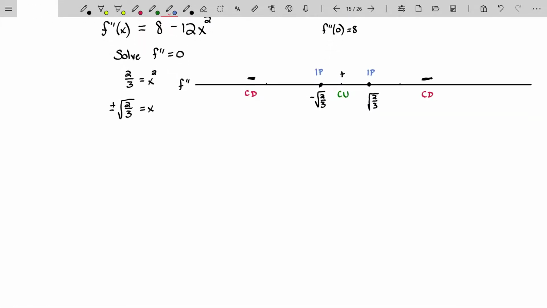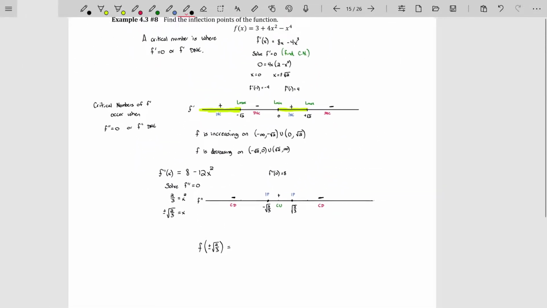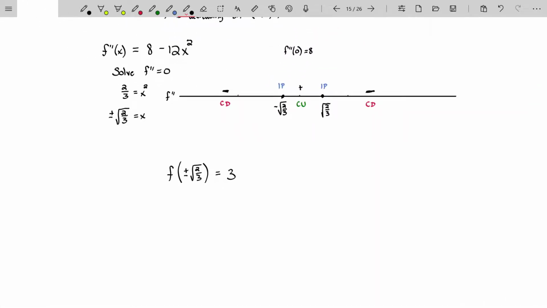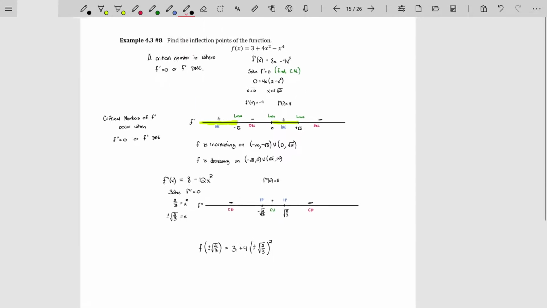So the inflection points are going to be at f of plus or minus root 2/3, which is going to equal, what is my function? 3 plus 4 times that plus or minus. I'm writing it as a single plus or minus because they're being squared and then raised to the 4th power as well.